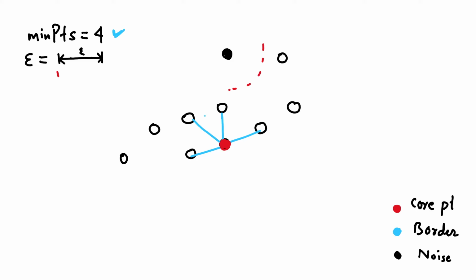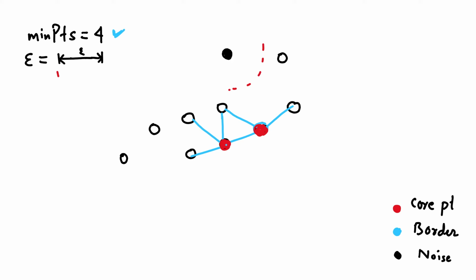First we look at all the neighbors, and then we expand one of the neighbors. So we come here, it already has one connection, and we see that this is connected to it, and this is also connected. So it has 3 neighbors and this point itself, so the total becomes 4. So this is also a core point.